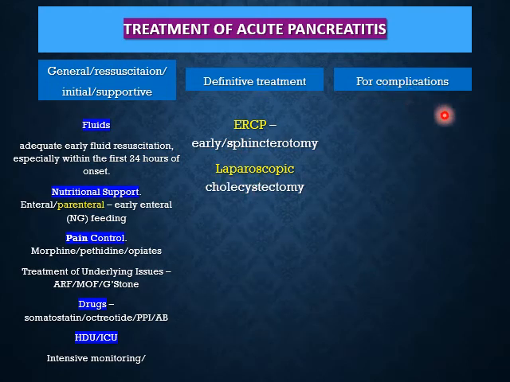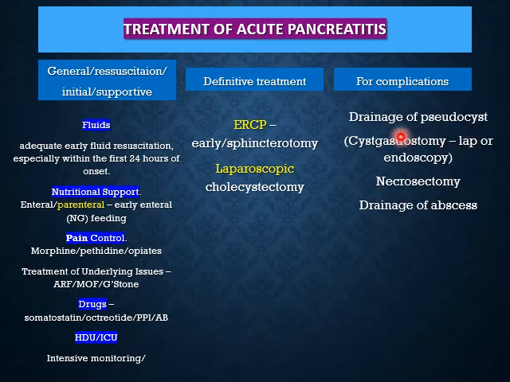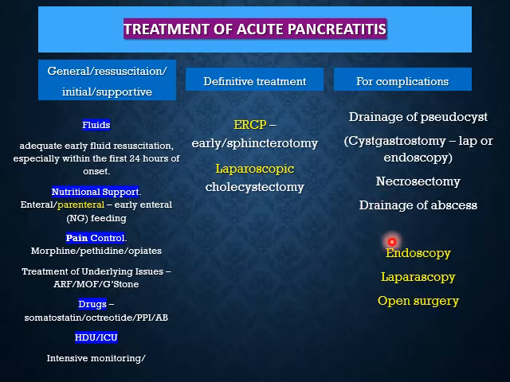For complications of acute pancreatitis, you have surgical procedures such as drainage of pseudocyst, which consists of cystgastrostomy, which can be laparoscopic or endoscopic, excision of the necrotic tissue or necrosectomy, and if there is abscess, drainage of abscess. These surgical procedures can be done either endoscopically, laparoscopically, or by open surgery.